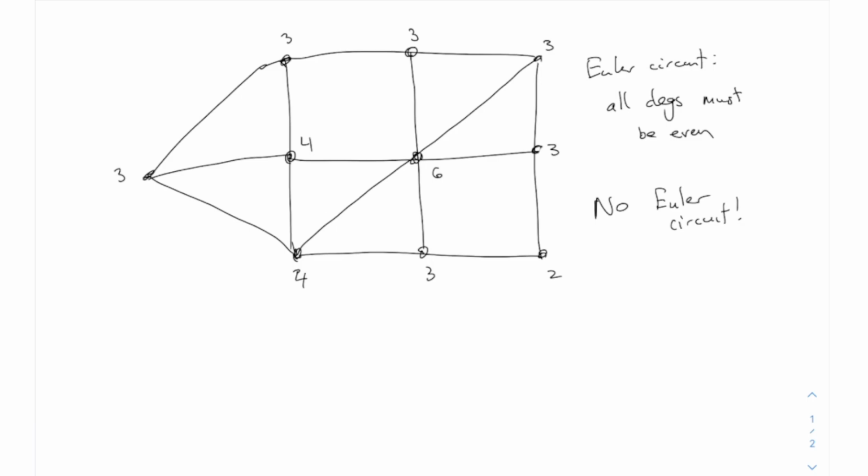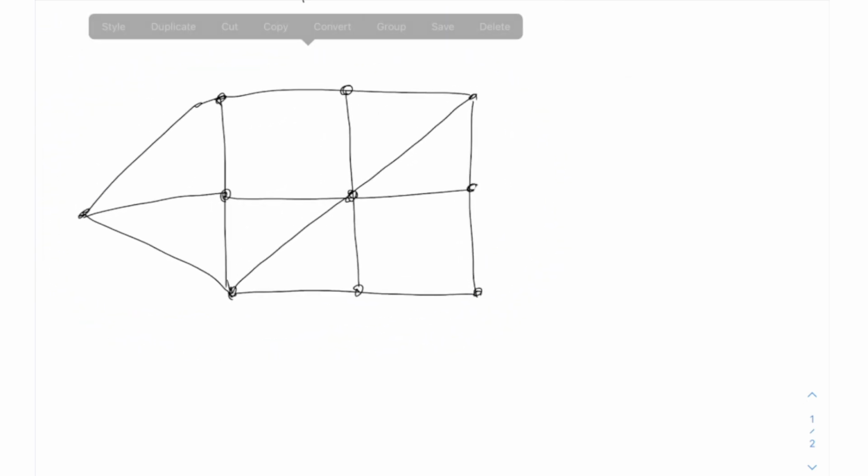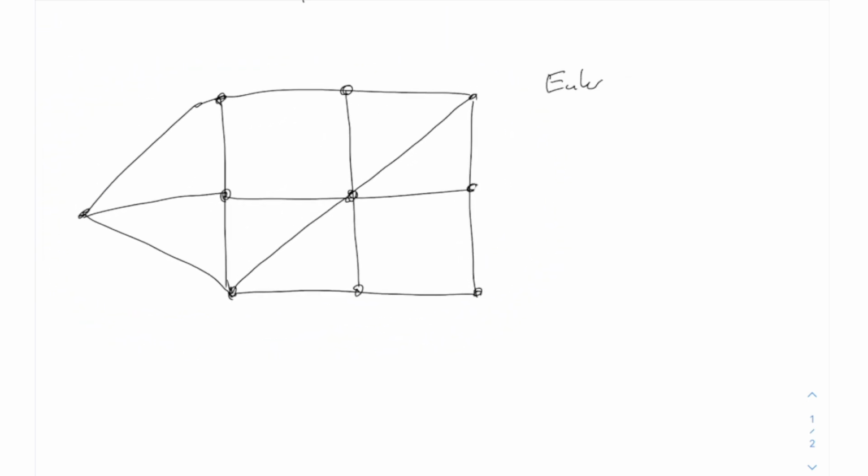All right, what about Euler path? Anybody remember what that's about? Only 2 specific degrees have to be odd. Right. To find an Euler path, you need 2 odd degrees and all the rest even. So for Euler path, this one needs 2 odds and all other degrees even.